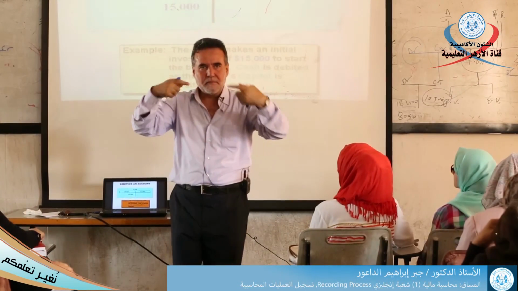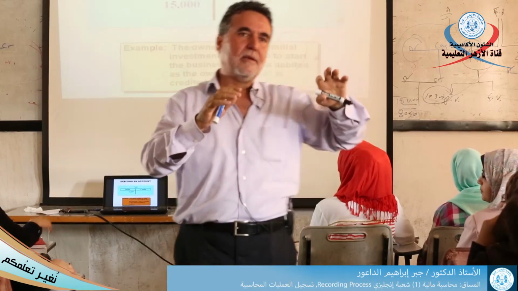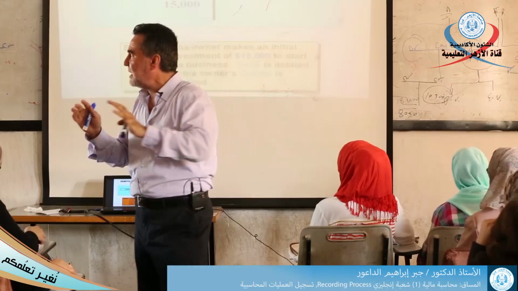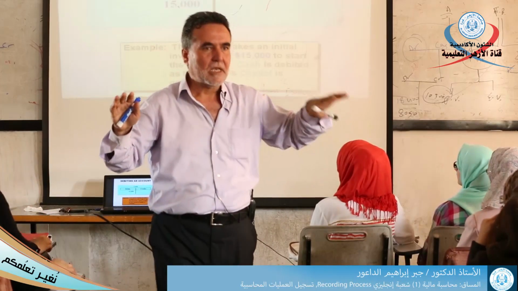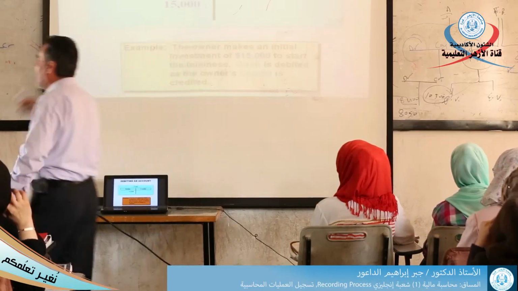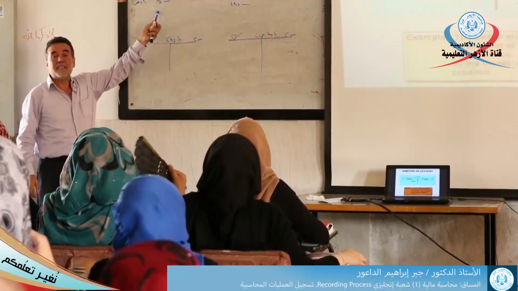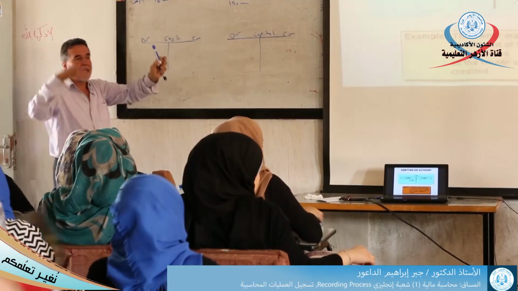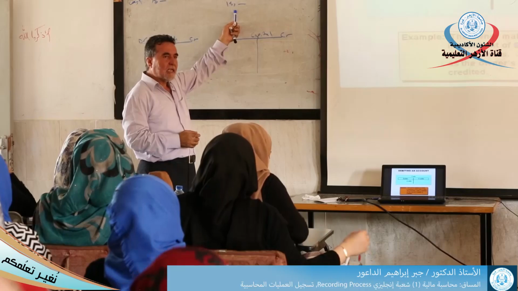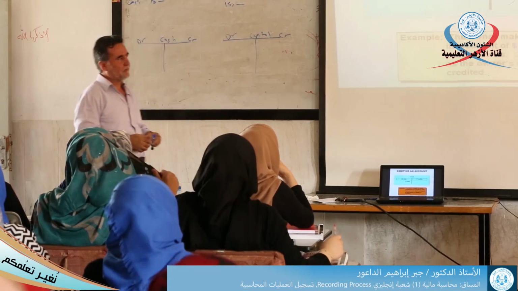Okay, let's continue. So the owner invested 15,000 to start his own business. So in the accounting equation, this affects the asset side. Cash will be increased by 15,000. At the same time, owner's equity, capital, will be increased by 15,000.